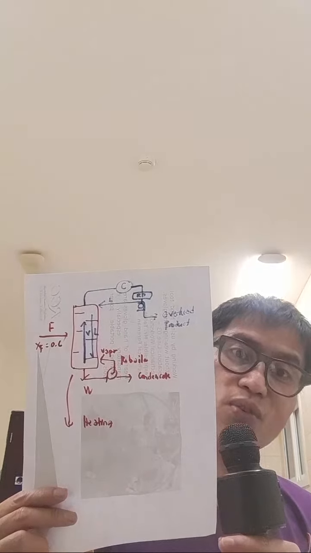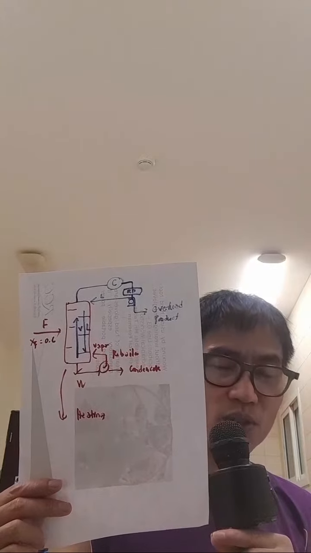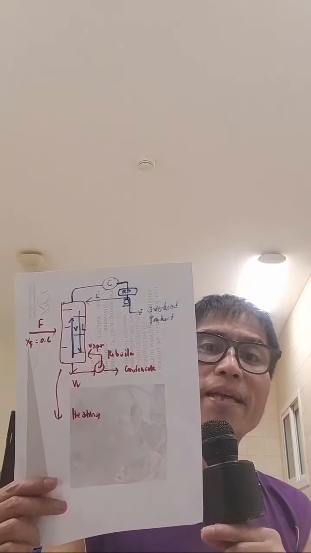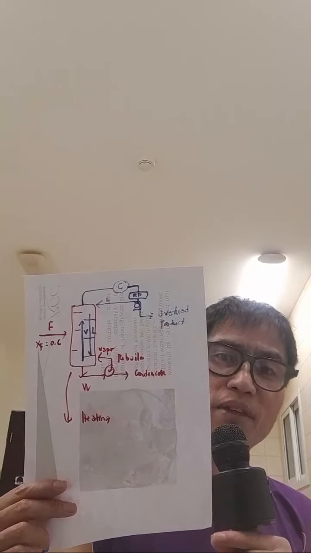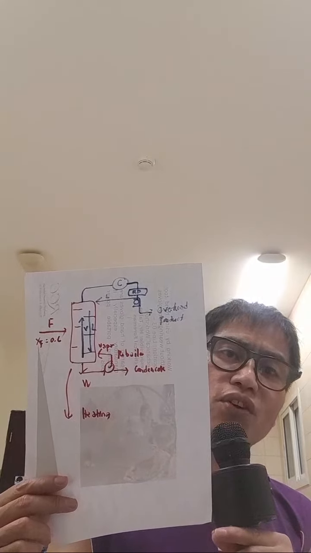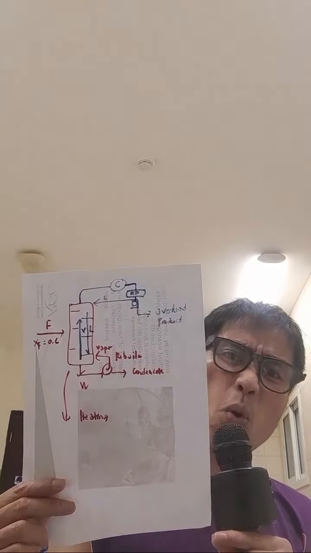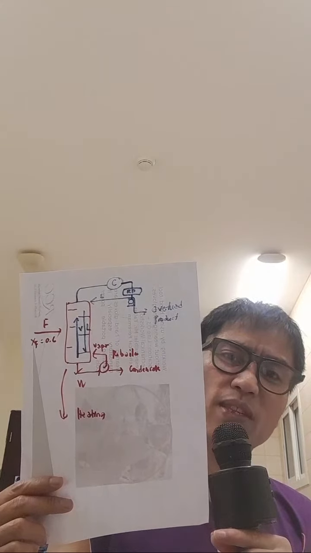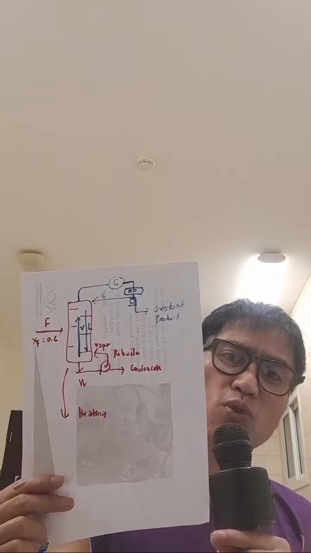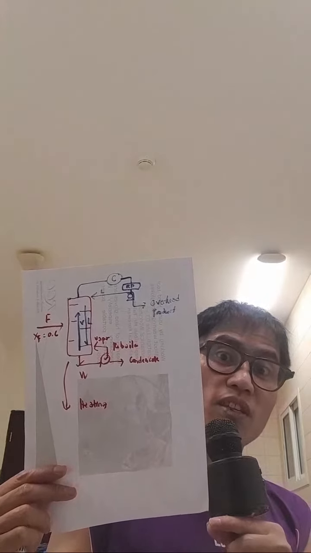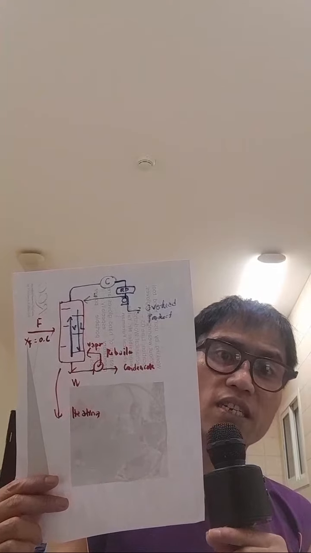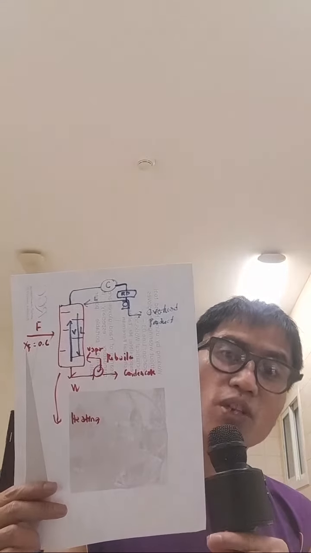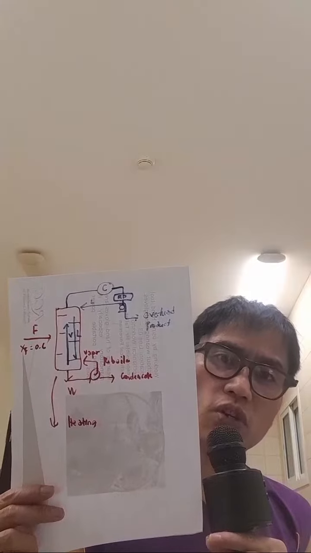So these three requirements must be fully satisfied before we use the McCabe-Thiele method in computing the y-intercept, the slope, the feed, what comes in, what comes out, and so on. Or else we'll never use the distillation in this manner. You get the point? This is the theory of distillation first.